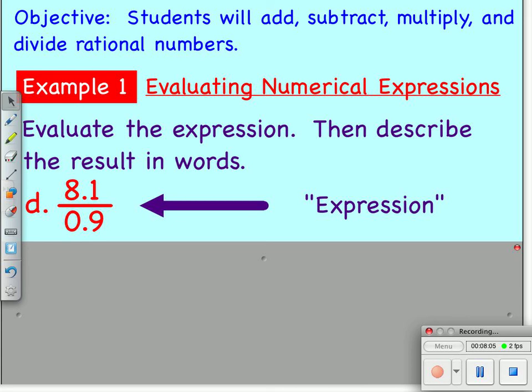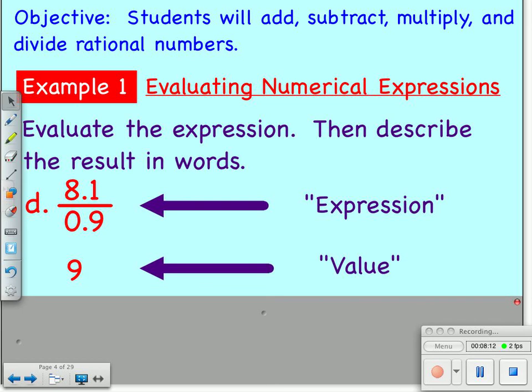The value of 8 1/10 divided by 0 9/10 is 9. If you're not sure how I got 9, be patient and wait. When we go over some of the guided practice at the end of this lesson, you will see how that's done. So, the value of 8 1/10 divided by 0 9/10 is 9.